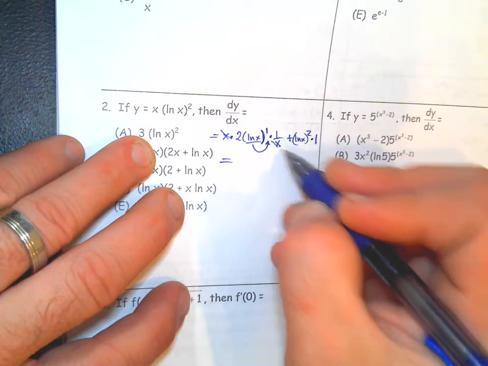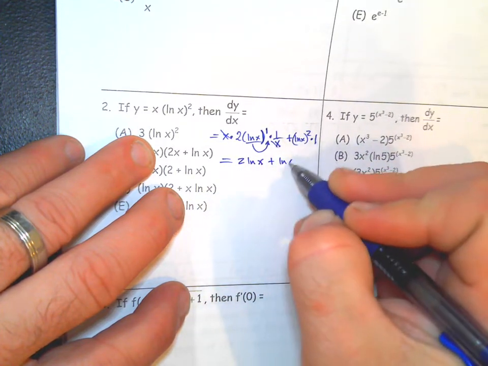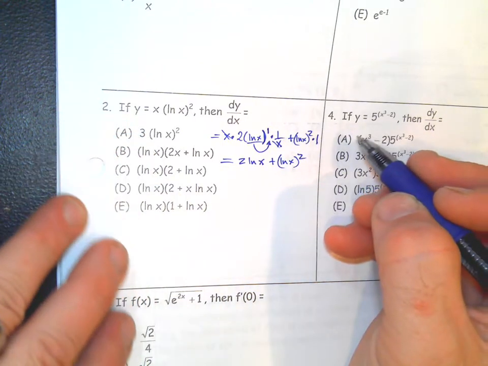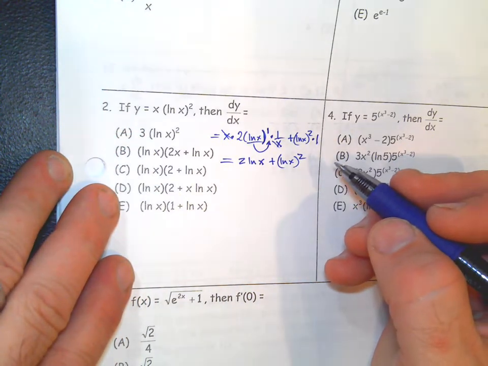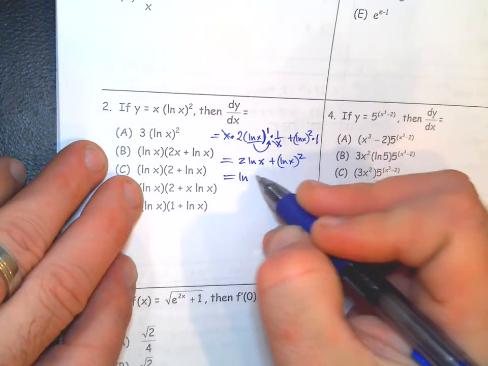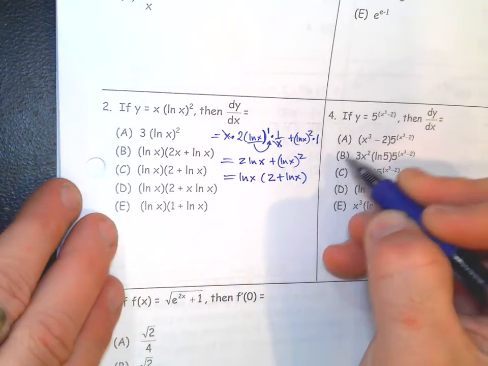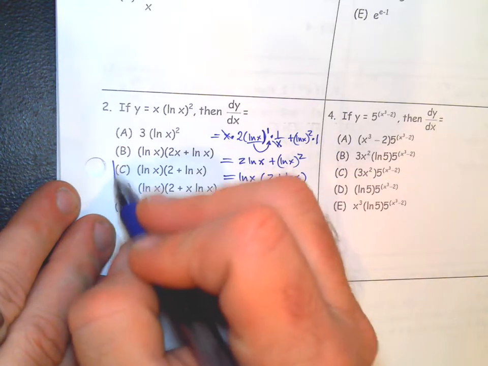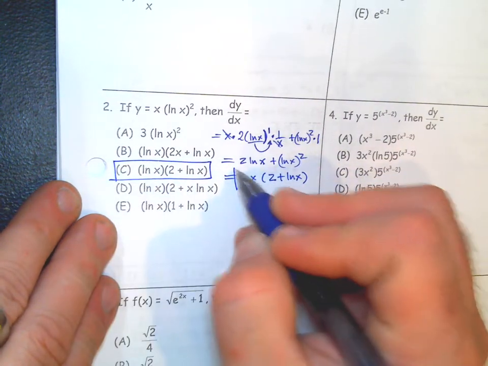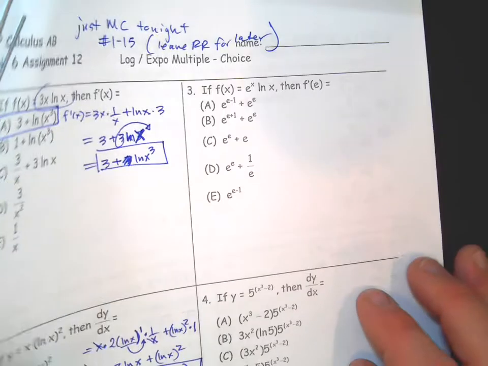The x's cancel, so we have 2 natural log of x plus natural log of x squared. And I don't see that answer, but I see a lot of answers that look factored. So I think I could take a natural log of x out of both of these, right? And this is what you would have. So there we go.